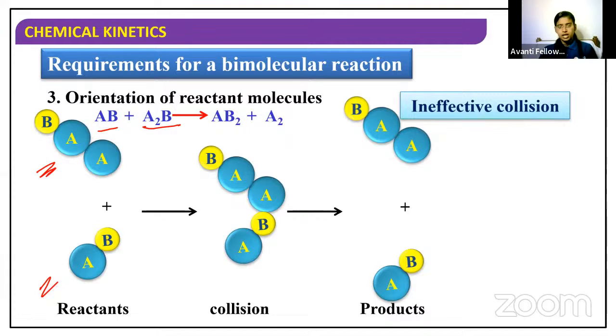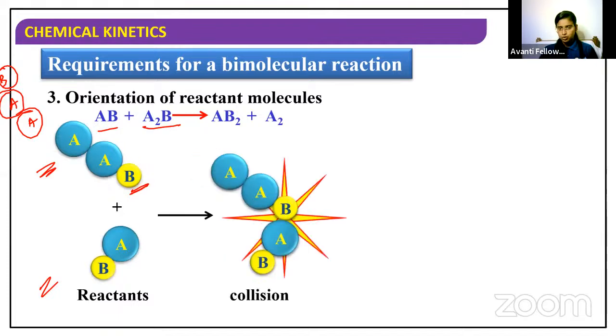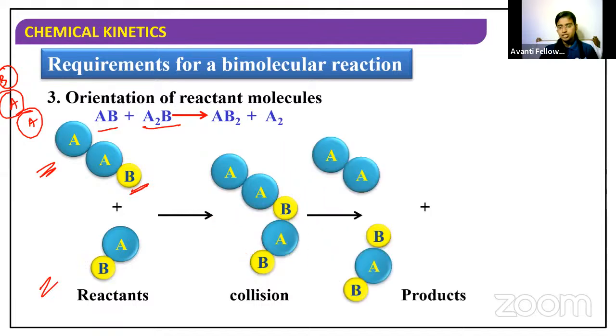But if you see the effective collision, the same reactant A2B I am taking. In the previous case, we had A here and one more A here and B here. But in this case, you see, we have B at the last. Now this A2B and AB are reacting with each other. They undergo collision and lead to the formation of products.